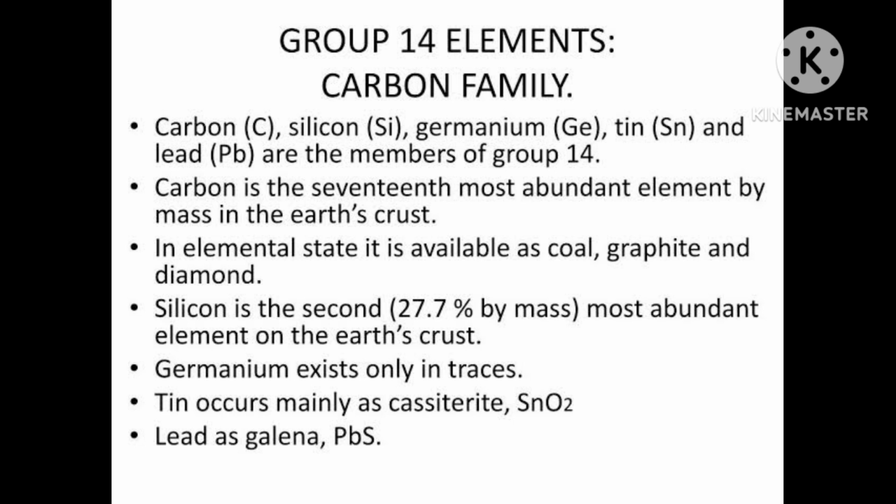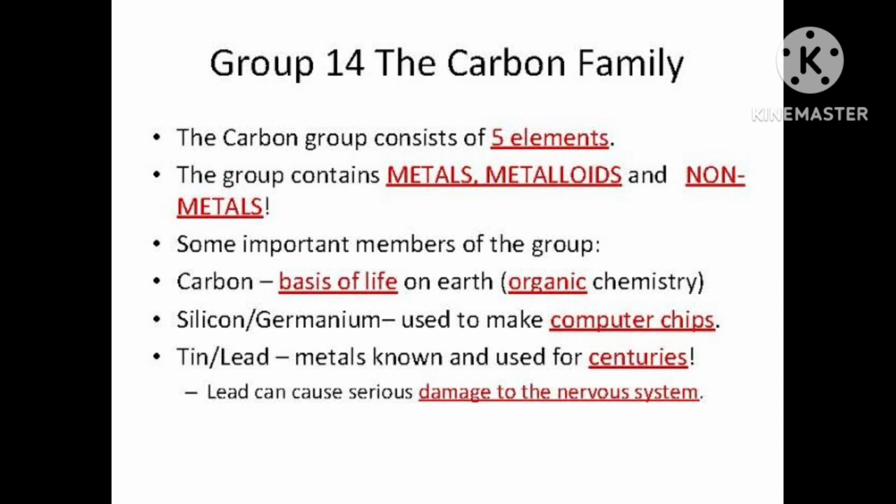Among monoxides, carbon monoxide CO is neutral. Again a question is asked. Many questions are asked from only this point. Always remember CO is neutral. And GeO, germanium oxide, is distinctly acidic, whereas SnO and PbO are amphoteric.